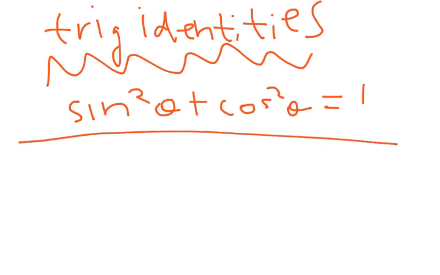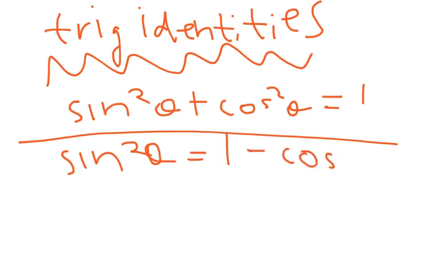It's important, though, to take into consideration that you can also express, for example, sine squared of theta as 1 minus cosine of 2 theta, and everything over 2.